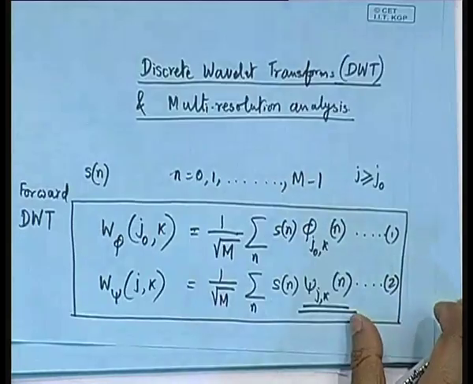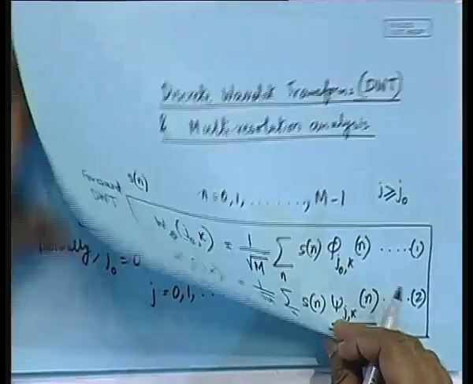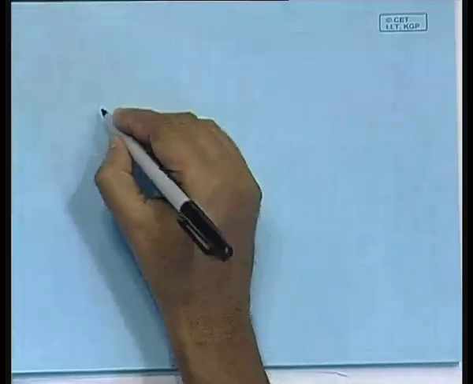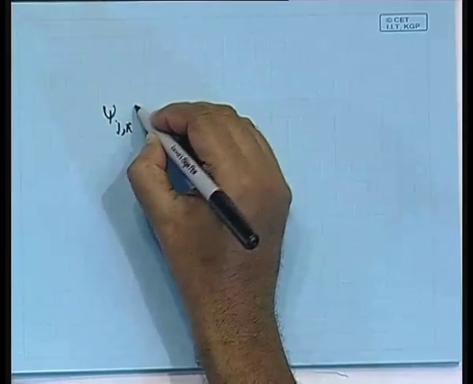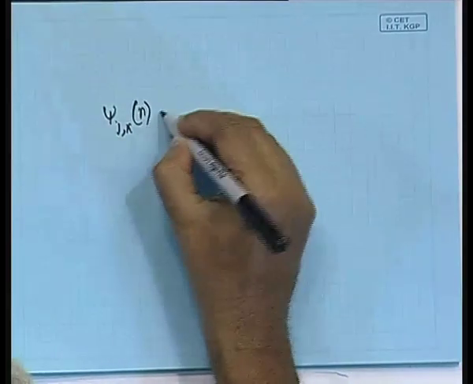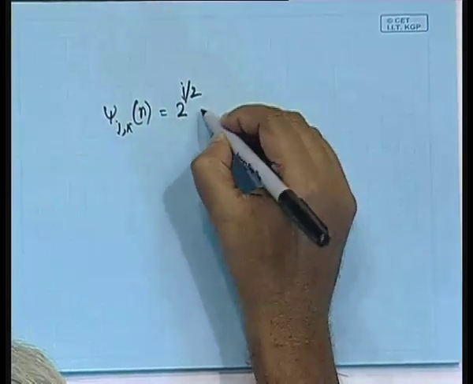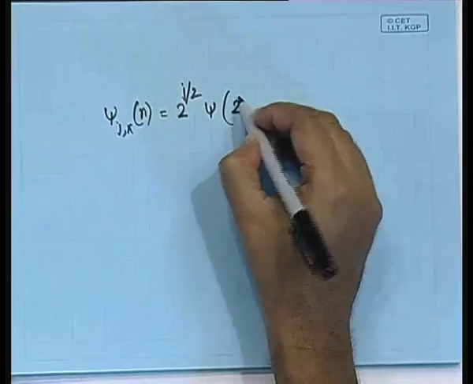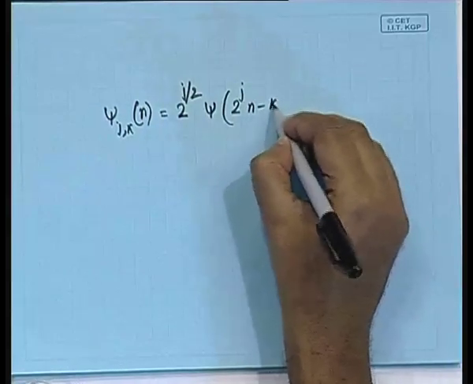So, let us first write down the discrete form of psi j k, and then we will put that into equation number 2. So, psi j k n I can write as 2 to the power j by 2 into psi of (2 to the power j n minus k).